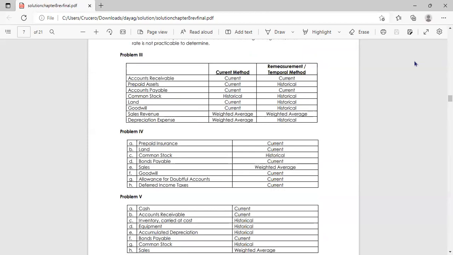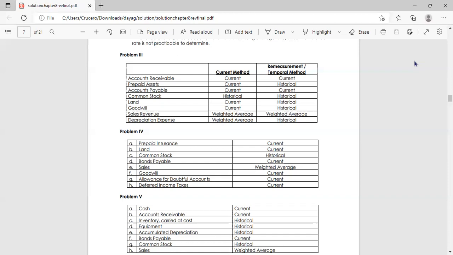The current rate method, translation into the presentation currency, versus the remeasurement method or the temporal method, translation into the functional currency. So we have column 1 for the current rate method, that's method number 1, and method number 2, the remeasurement or the temporal method.